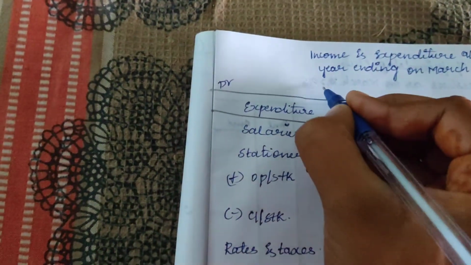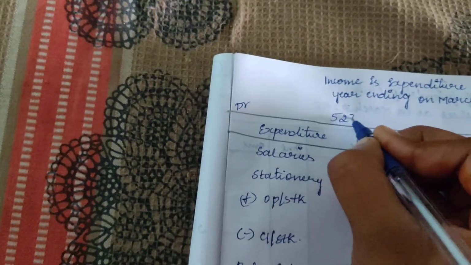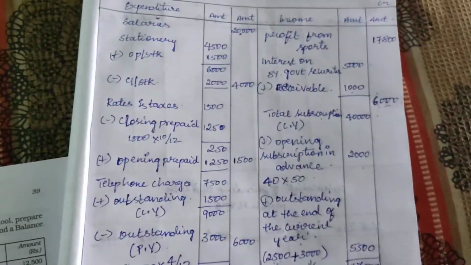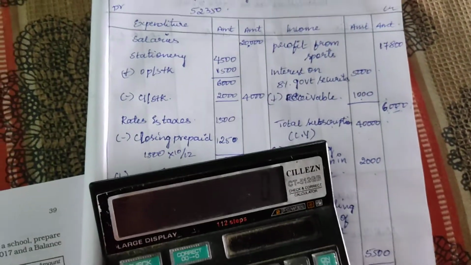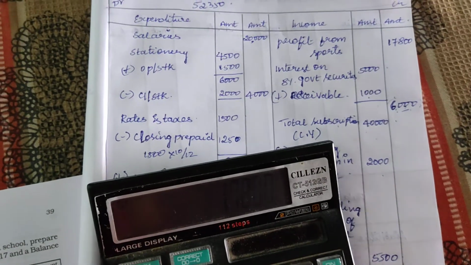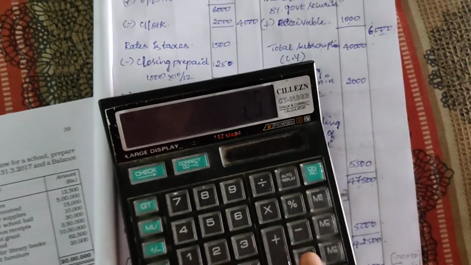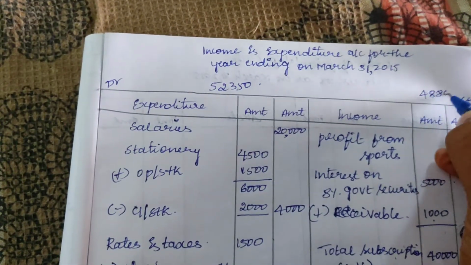We get this side as 52,350. Now let us count the income part, which is 17,800 plus 6,000 plus 25,000. So here we get 48,800.